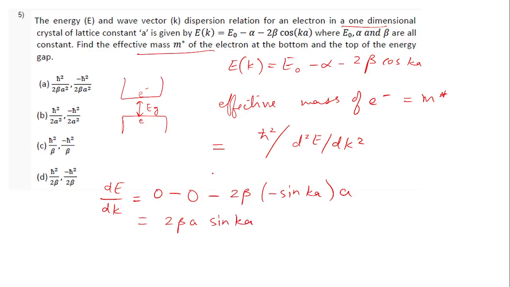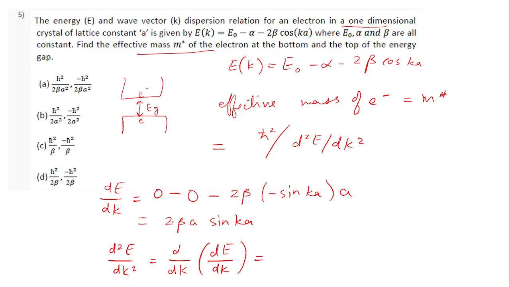This is the first derivative. We need the second derivative, so we will take the derivative again. First we took the first derivative and now we are taking the second derivative of it, that is, d2E by dk square.